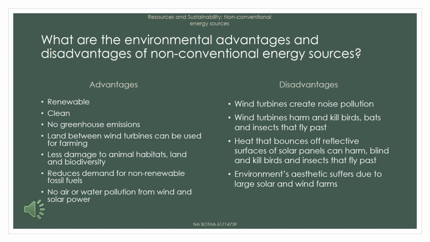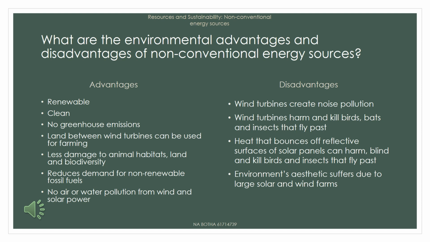The land between wind turbines can be used for farming. Less damage to land, animal habitats, and biodiversity. It reduces the demand for non-renewable fossil fuels. And so wind and solar power produce no air or water pollution during operation.